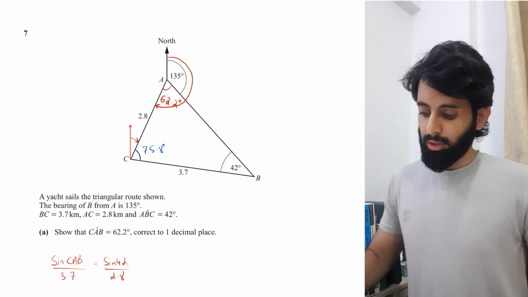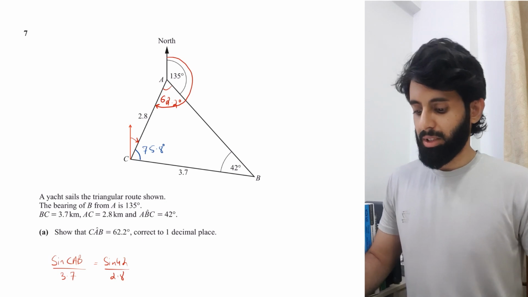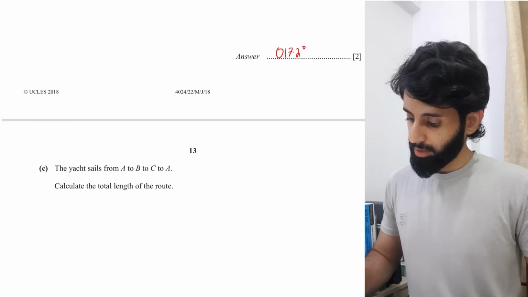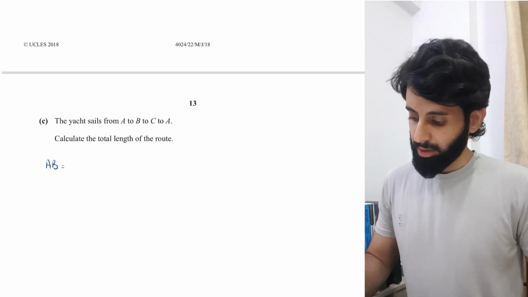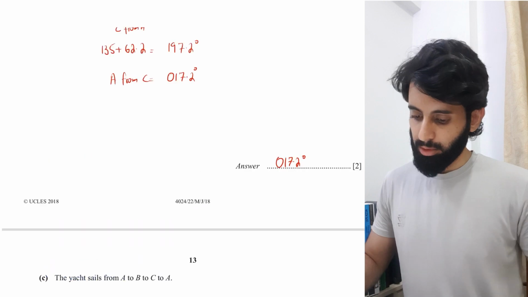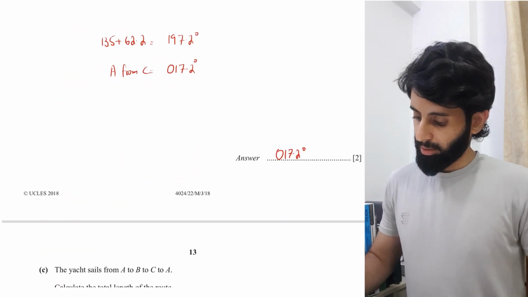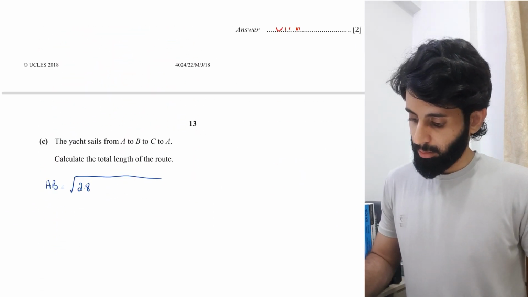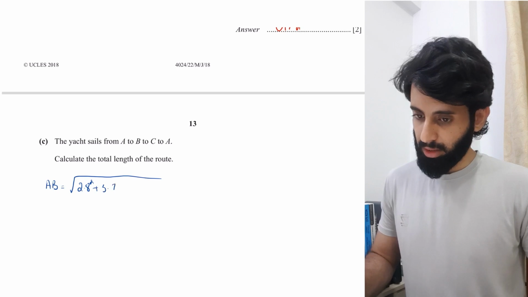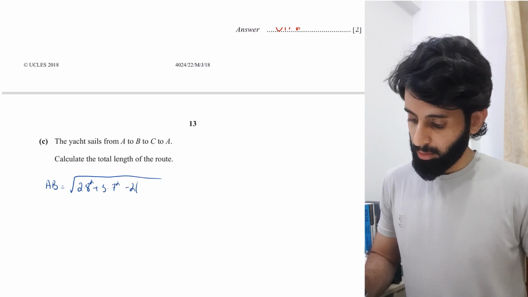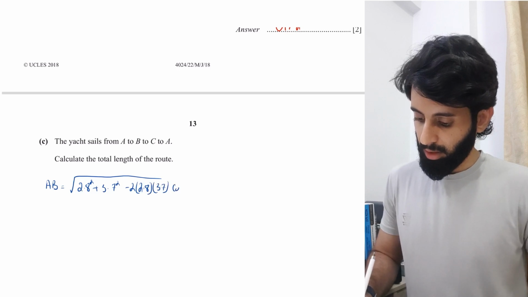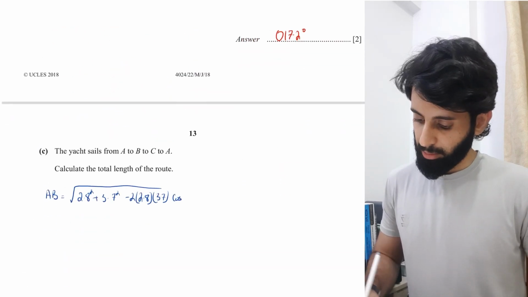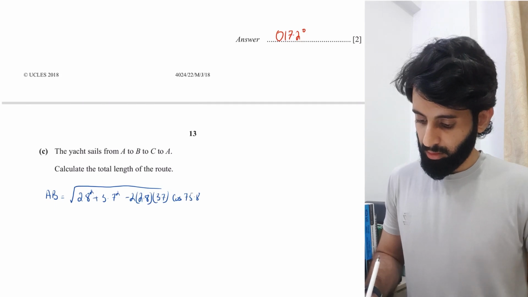75.8 degrees. So I have 2 sides and an included angle now, which means I can use the cosine rule. I'm sure this would be a 4-mark question. So AB equals the square root of 2.8 squared plus 3.7 squared minus 2 times 2.8 times 3.7 times cos 75.8.